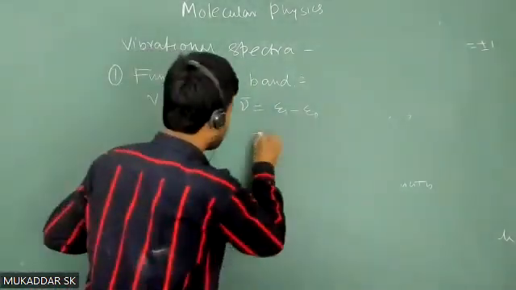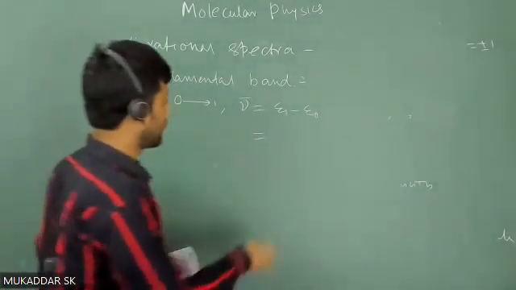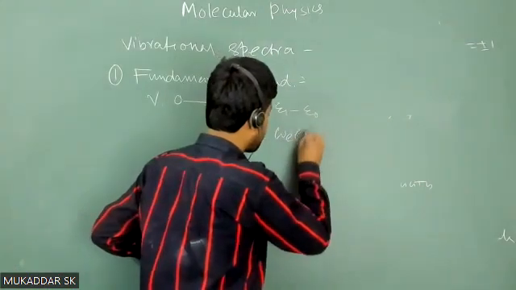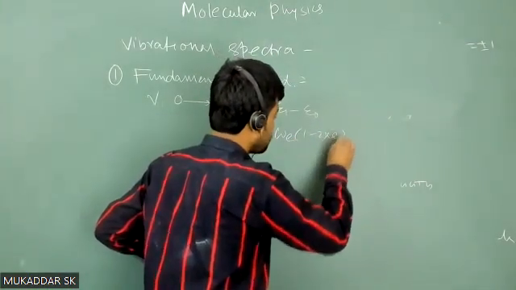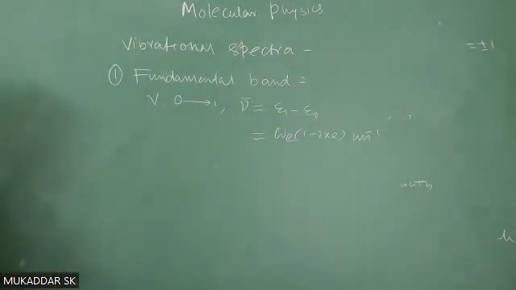If you substitute epsilon 1 and epsilon 0, how much will you get? Omega e into 1 minus twice xe. This is the location of the fundamental band in the spectrum.